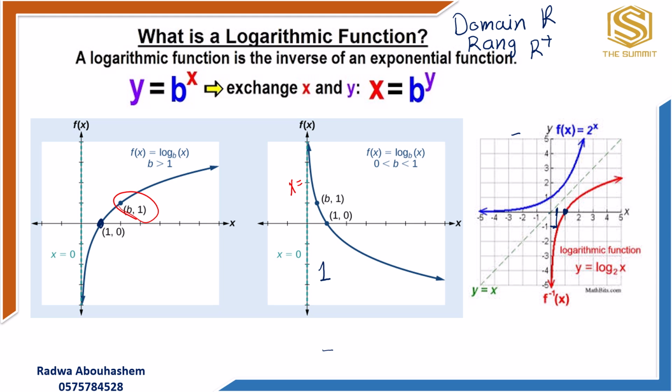So in the logarithmic function, the domain will be R positive, and the range will be R, all the real numbers. Why? Let's consider here y equals log of x to the base b.